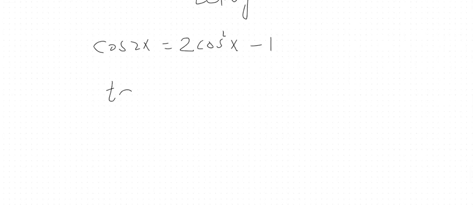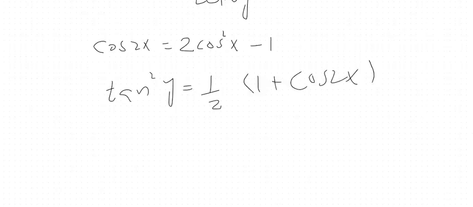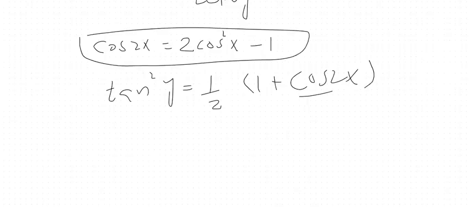We get tan squared y equals 1 by 2 into 1 plus 2 cos squared x minus 1.